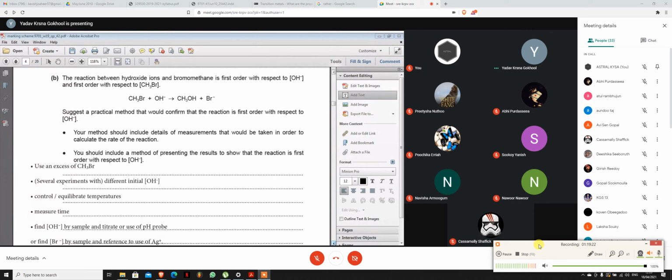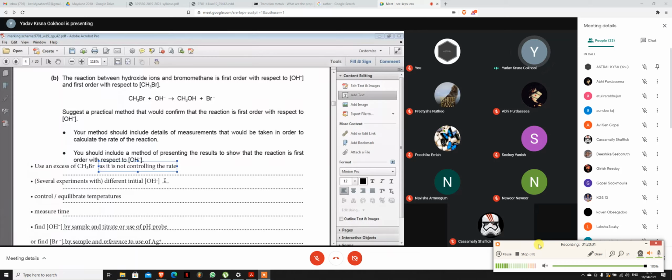And then we have to take the same concentration of CH3Br, and we have to take the same temperature. CH3Br, we are taking it in excess as it is not controlling the rate.